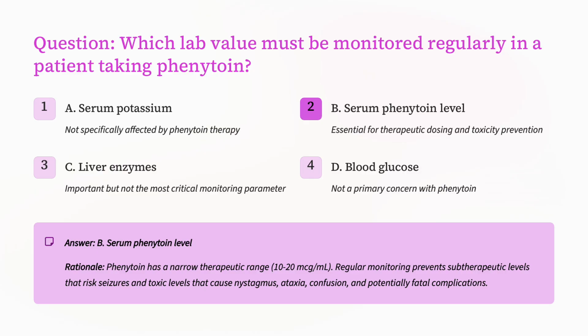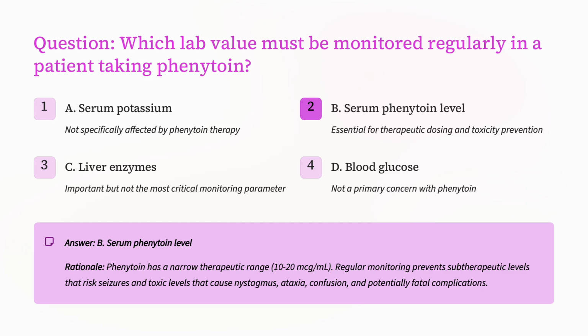So livers are very important, yes, but a serum phenytoin level. So if a patient is not in a therapeutic range, which is 10 to 20, which is a small range, it can risk seizures if it's too low, but if it's too high, it can cause the patient to have phenytoin toxicity that can cause nystagmus, ataxia, confusion, and fatal complications, which means death.